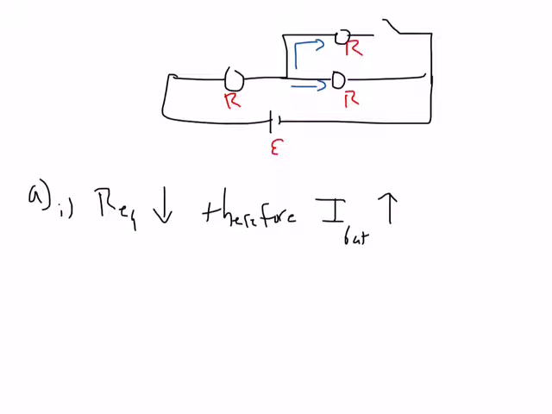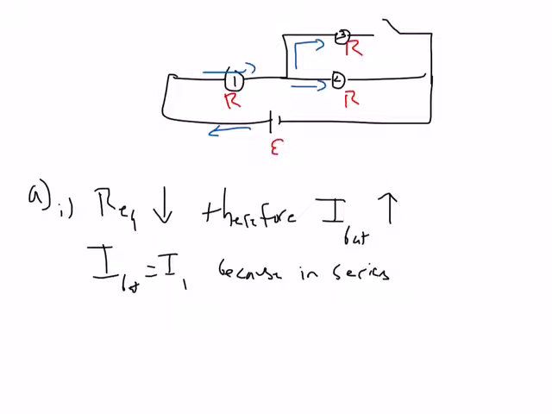I should give these all numbers: this is 1, 2, and 3. The current from the battery and through bulb 1 are the same because they are in series, with no junctions. So the current through bulb 1 must go up.